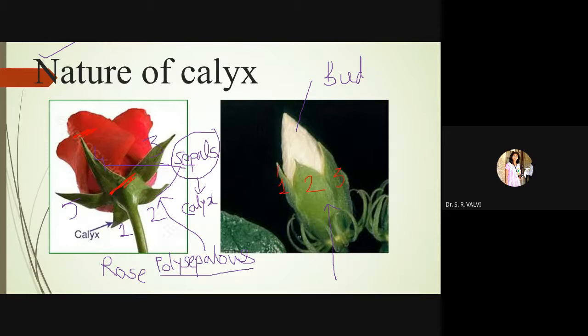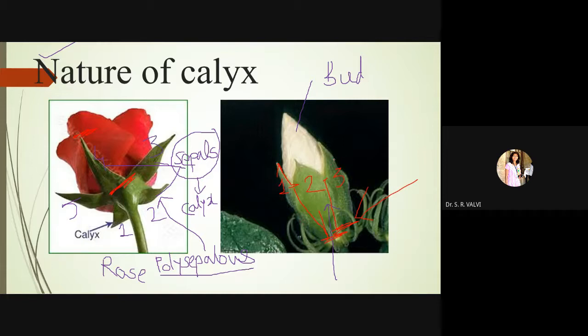Here only at the tip portion are they free, but you have to observe from the base. From the base, up to three-fourths of the portion, the sepals are fused to one another.